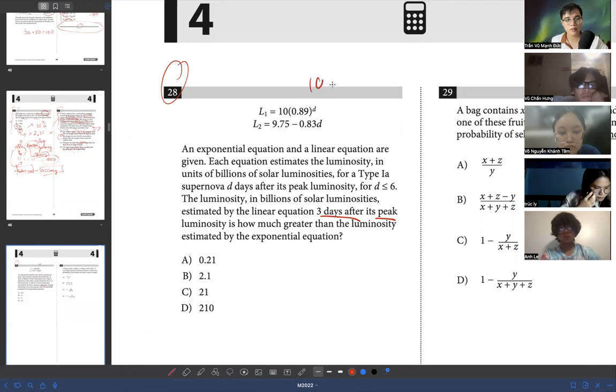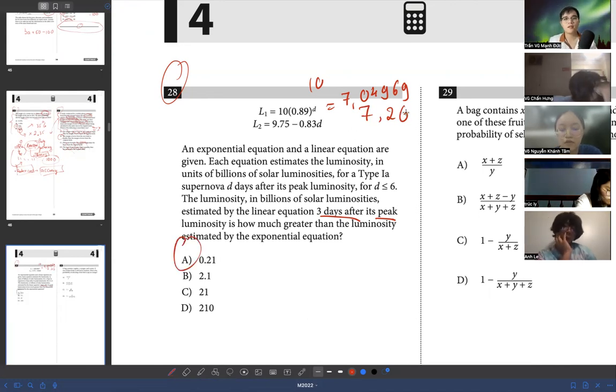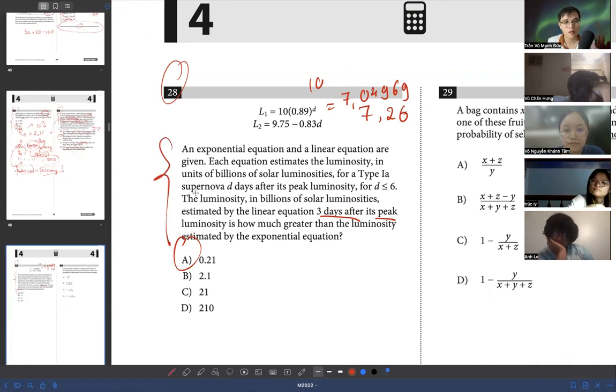Just gonna calculate this real quick. 10 times 0.89 to the power of D, 3 days. 7.04969. 7.5 minus 0.83 times 3. 7.26. is A. Okay, just very easy.